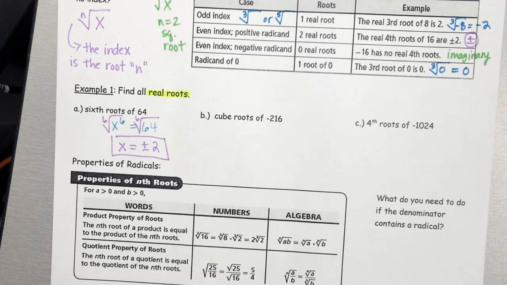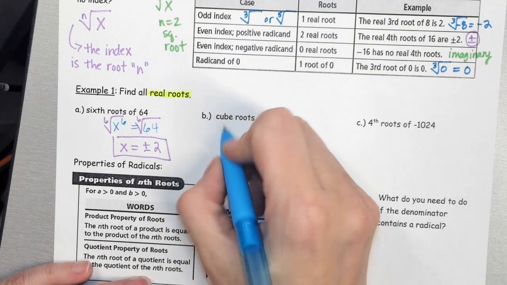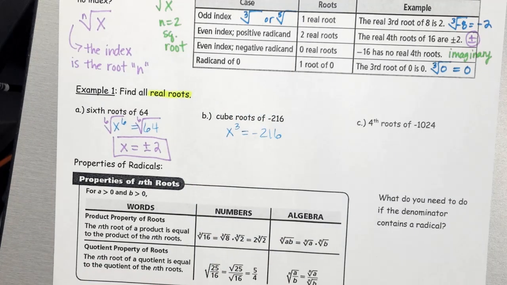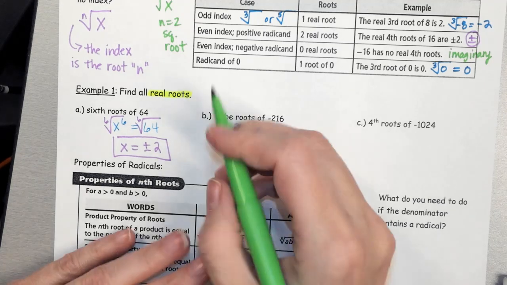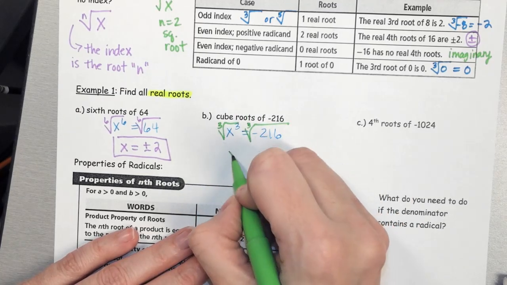Okay, the next one is the cube roots of 216. So it will be x to the third equals 216. Okay, that is not in our chart, so we're going to practice the factor tree method so that we can refresh ourselves with that. And because it is a negative, we know our answer is going to be negative here.